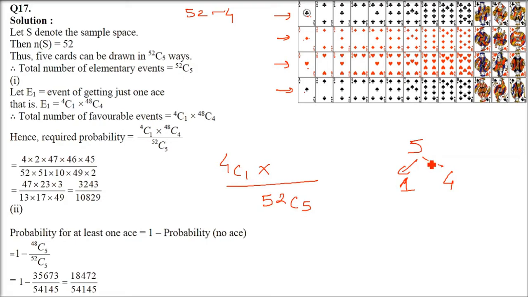And since we have talked about ace, how many remaining? If you remove 4 aces from 52, it will be 48. So 1 you have already taken. Now the remaining 4 can be from this 48. So 48C4. So this is going to be 3 to 4, 3 by 1, 0, 8 to 9. Okay.